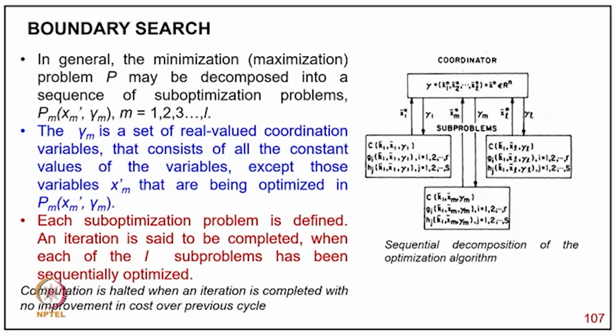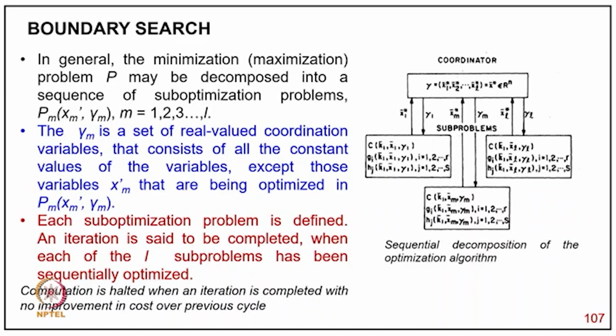A typical example here is the minimization of material or maximization of efficiency or another parameter. The problem may be decomposed into a sequence of sub-optimization problems, as a number of iterative problems, where ym is a set of real-valued coordination variables consisting of all the constant values of variables except those being optimized.